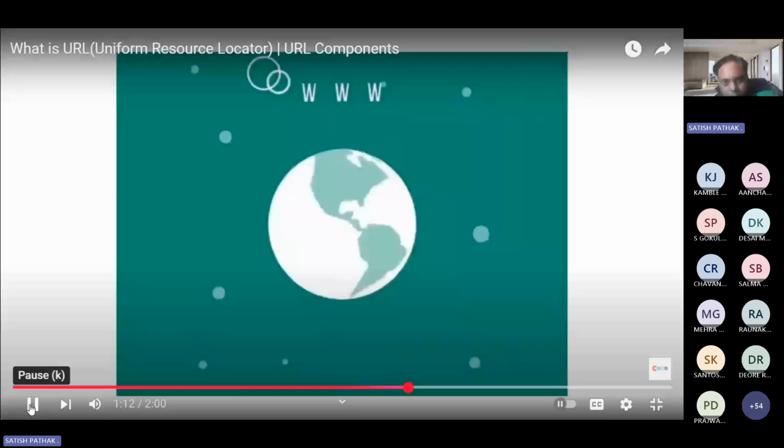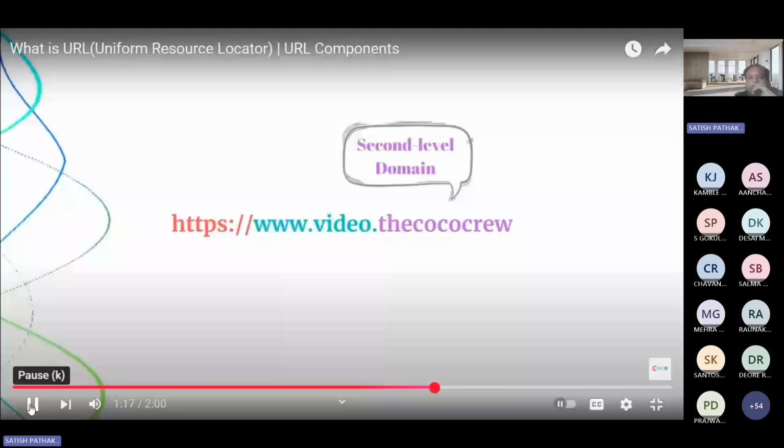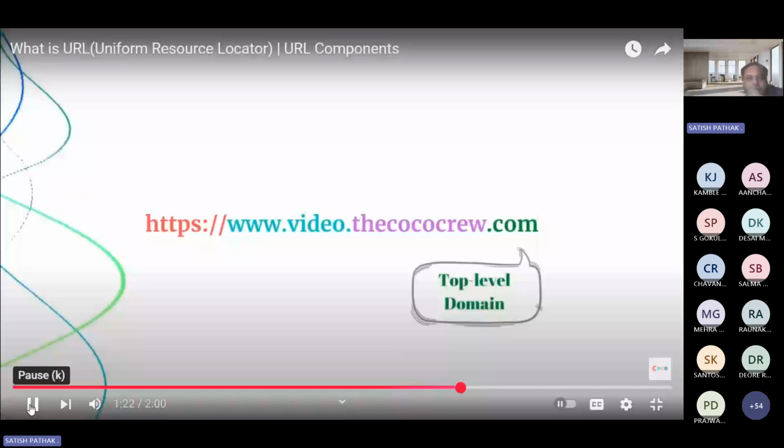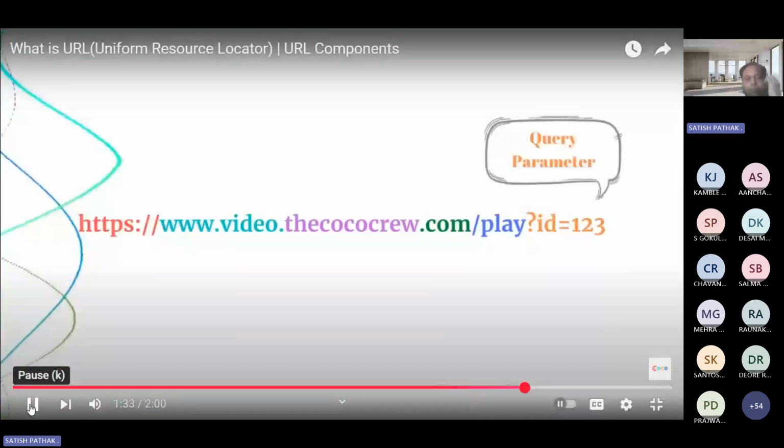Furthermore, the second-level domain is the name of your brand website. The top-level domain identifies the type of entity your company is registered as on the internet. A subdirectory, also known as a path, determines the section of a web page the user is on. The query parameter is a non-hierarchical data string. It's usually a series of attribute value pairs separated by a delimiter, like an ampersand.